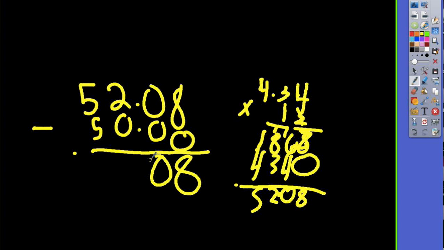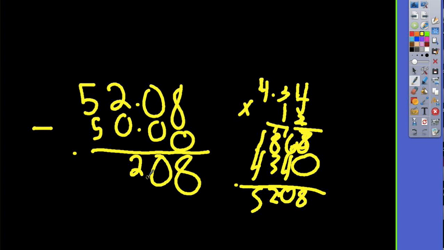That's a 0. That's a 2. And 5 minus 5 is 0, but you don't need to put that because that'll mess your answer up.